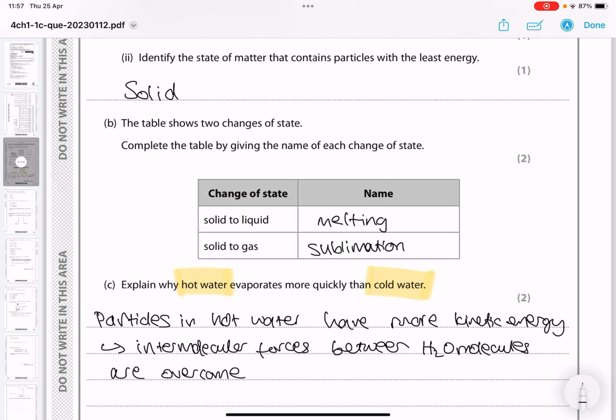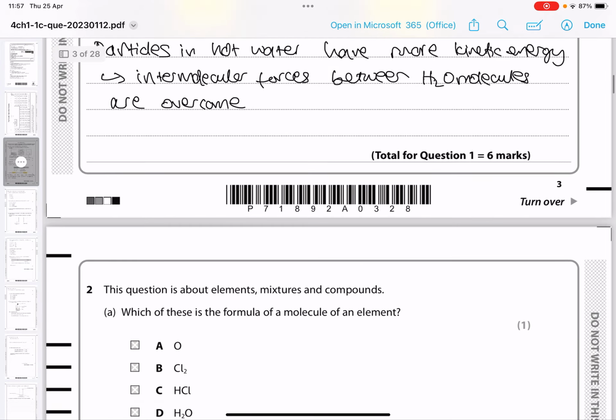And as a result, the water molecules can evaporate. So evaporation is when the water molecules have sufficient kinetic energy to leave the liquid. And that is more likely to happen in hot water than in cold water due to the particles having enough kinetic energy and being able to overcome those intermolecular forces that are keeping them in that liquid state.